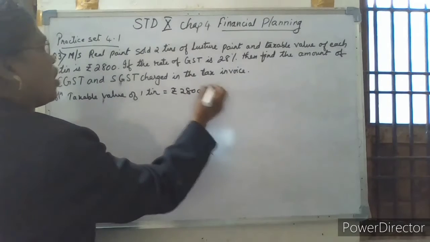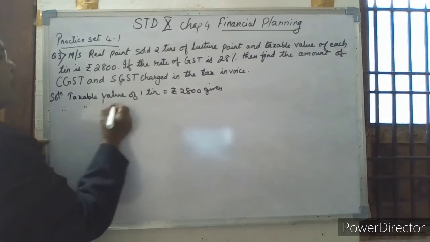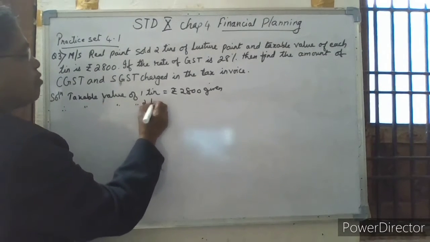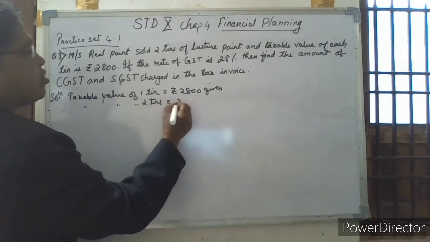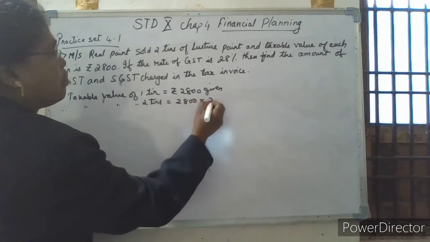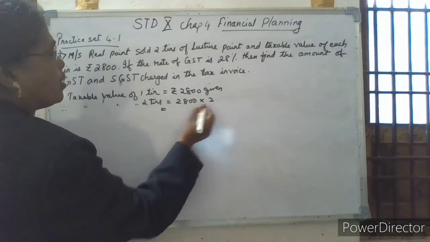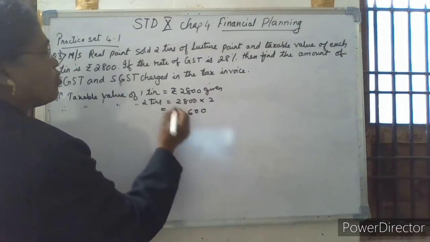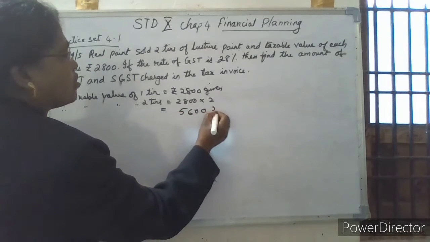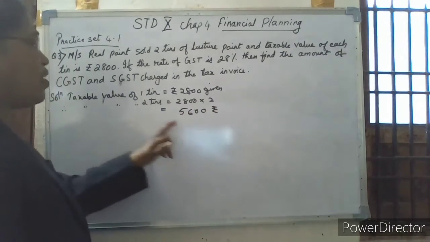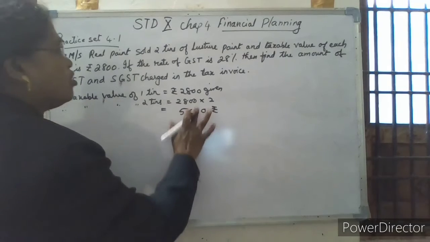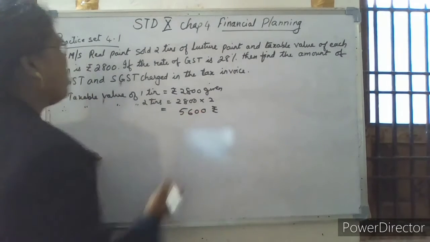Therefore, the taxable value of 2 tins will be equal to 2,800 multiplied by 2, that is equal to 5,600 rupees. So this is the taxable value we got for 2 tins.